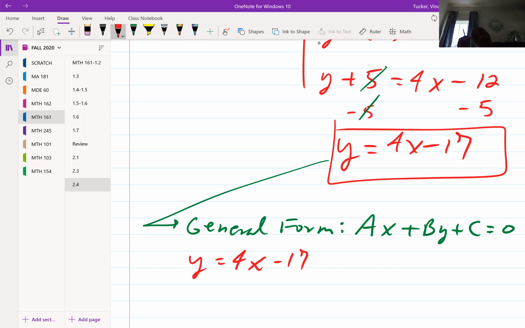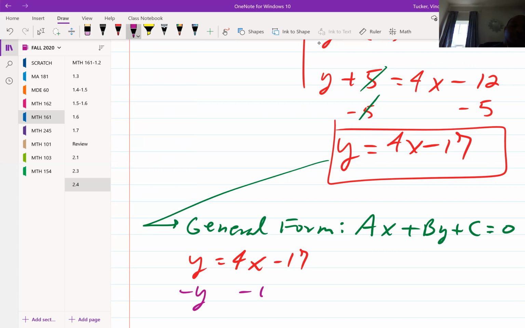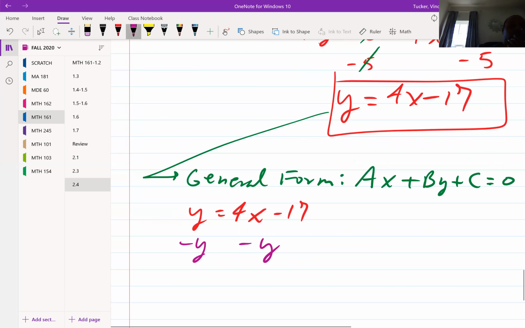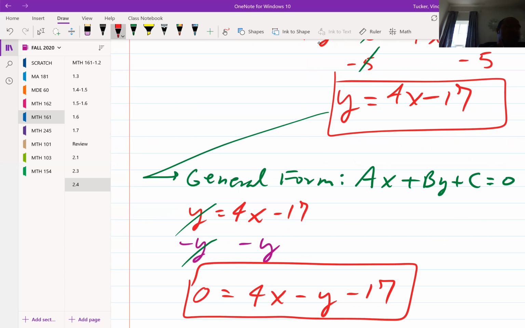So if I have y equal to 4x minus 17, I'll subtract y from both sides. The y is canceled on the left. So I have 0 equal to 4x minus y minus 17. And that will be my answer in general form.